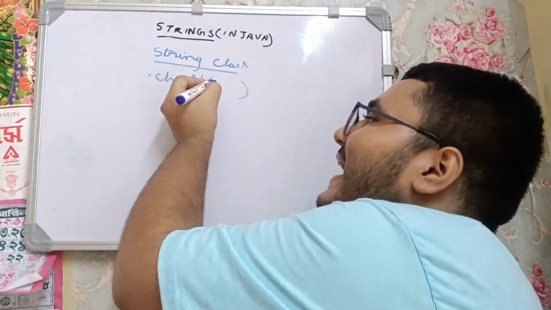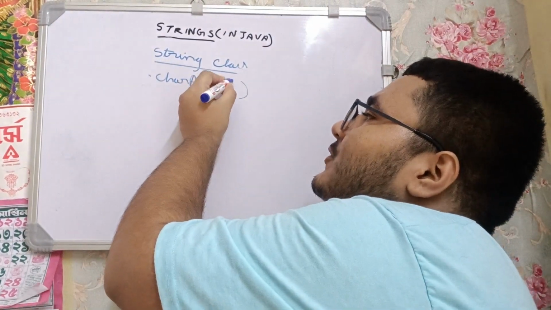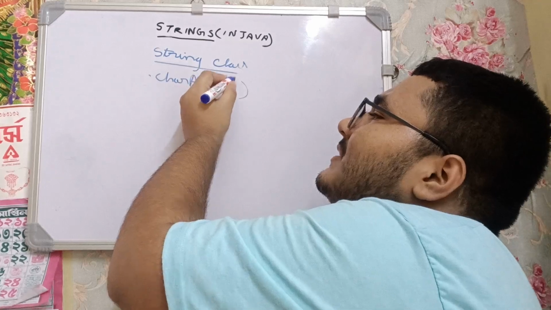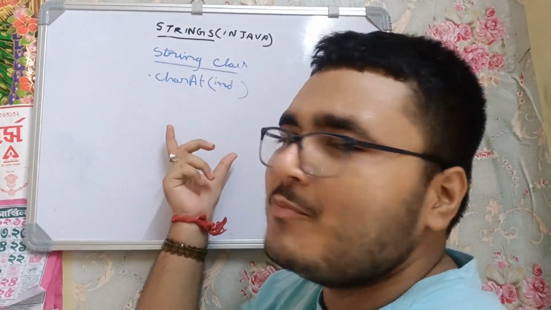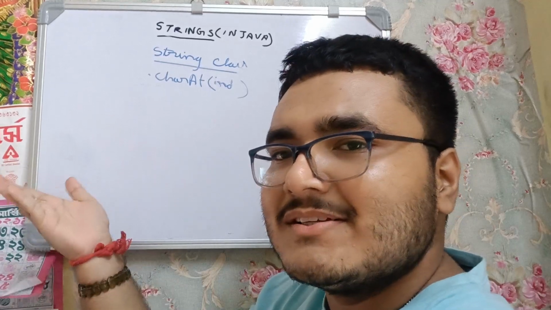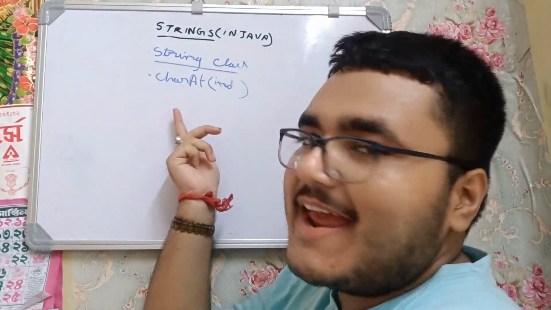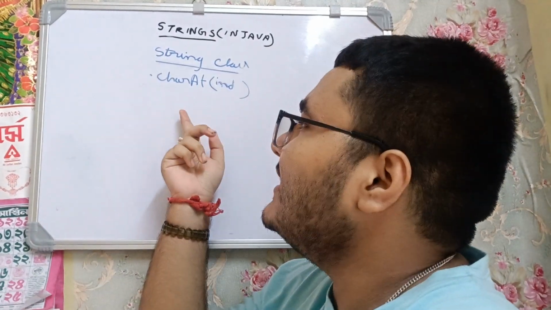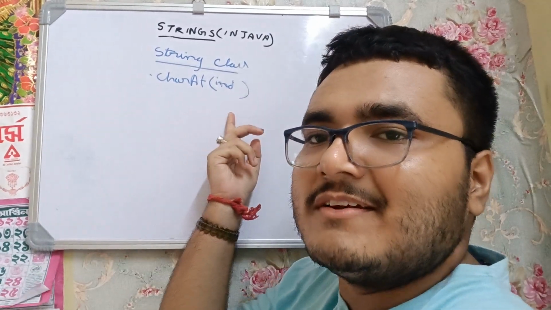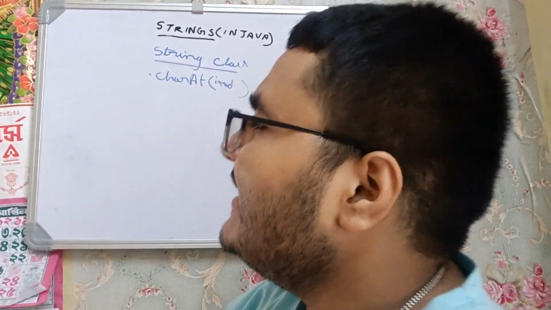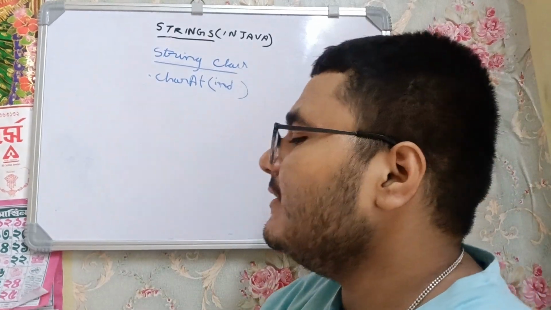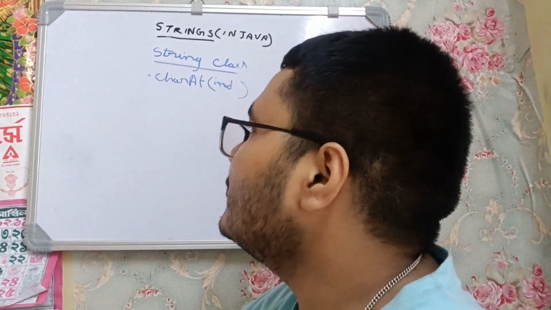Dot charAt accepts an index. What do you think it is? It is the short form of character at. It returns the character present at the given index, and it can accept only one argument.